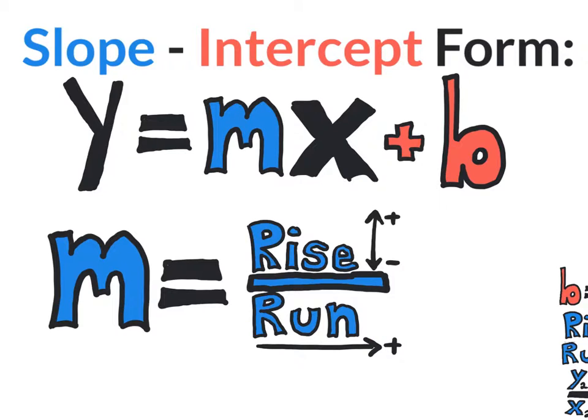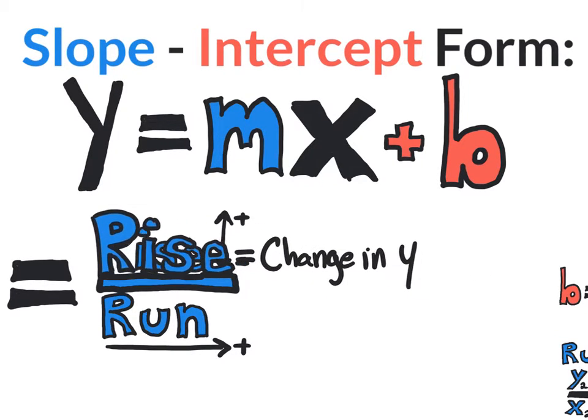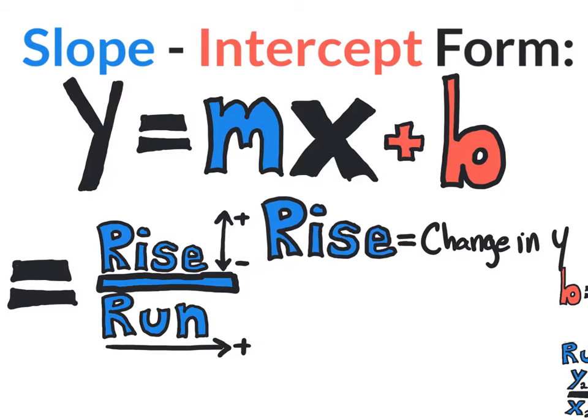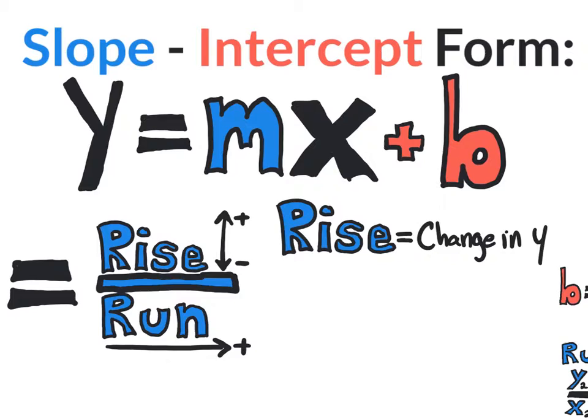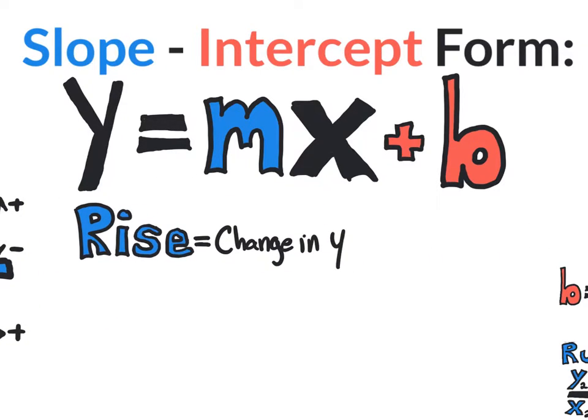So if we think about what rise is, what is rise really? Rise is the change in y. Okay, rise is the change in y. Because on an xy plane, your y value is going up and down. And the run, so let me get this out of the way. So the rise is the change in y.